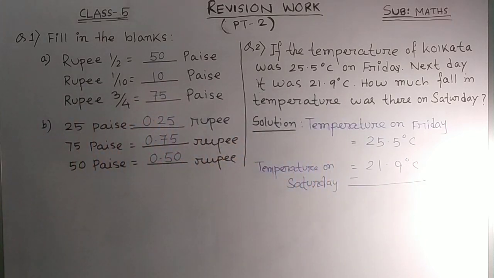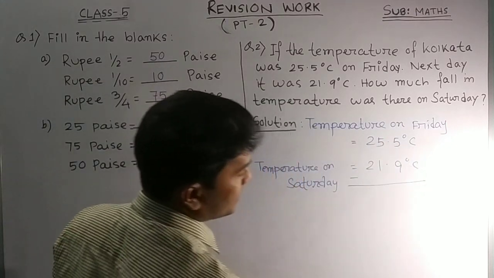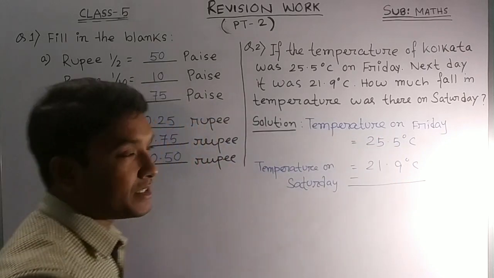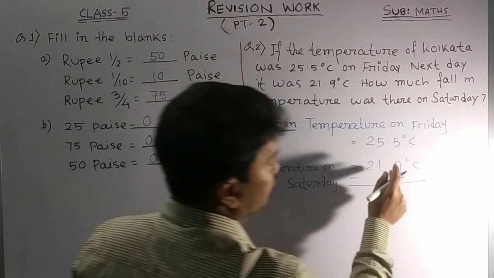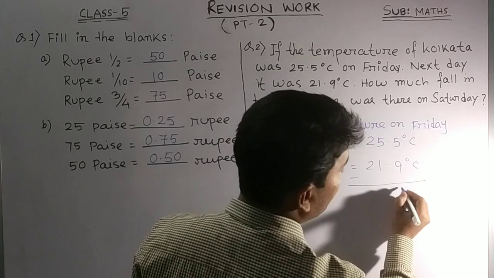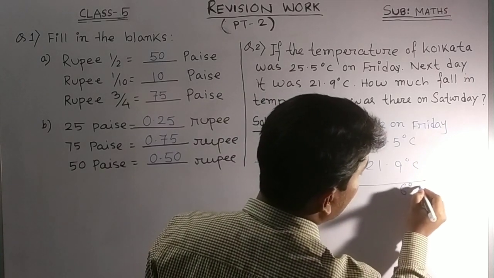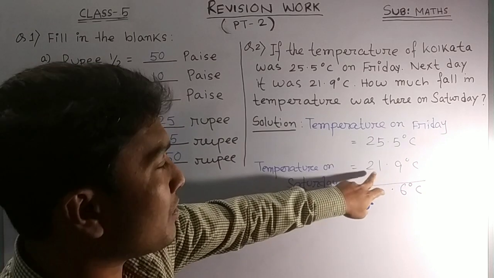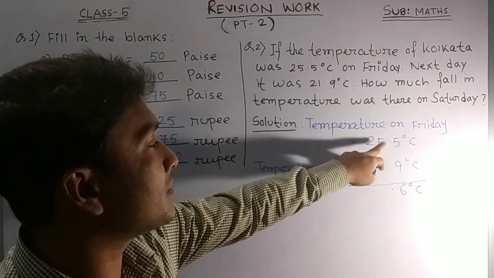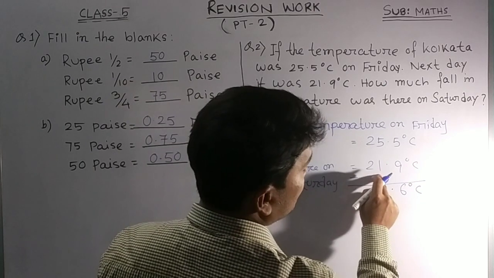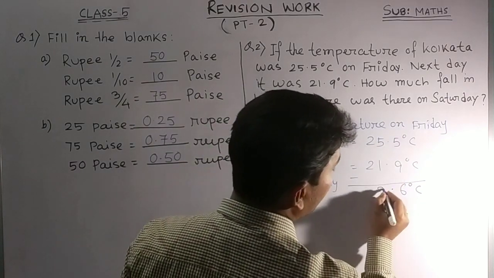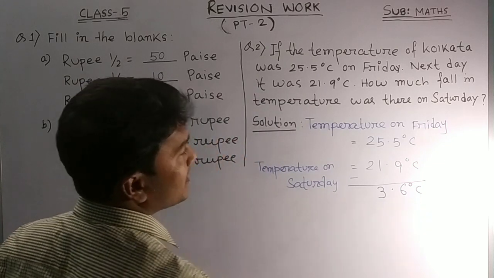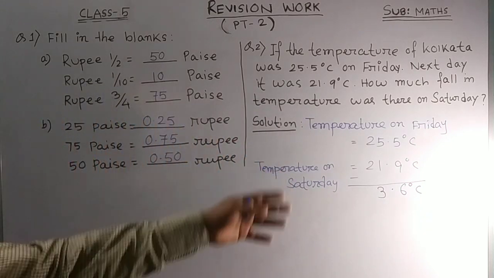We have to subtract. Here is 5, so we have to imagine it is 15. So 15 minus 9 is 6 degrees Celsius. Then the point, and here it will be minus, that means 4 from 5 is 1, and 2 minus 2. So 3.6 degrees Celsius is less on the next day.